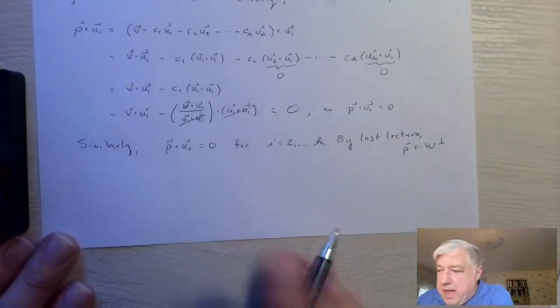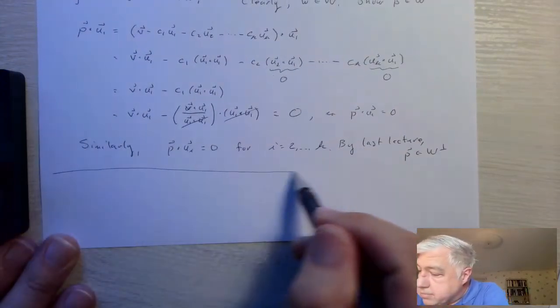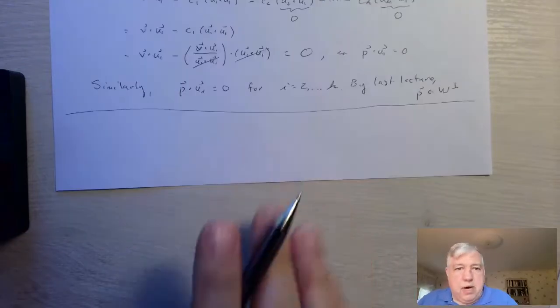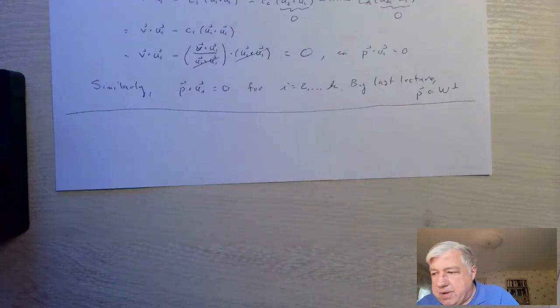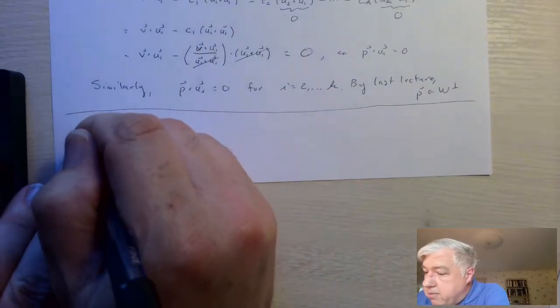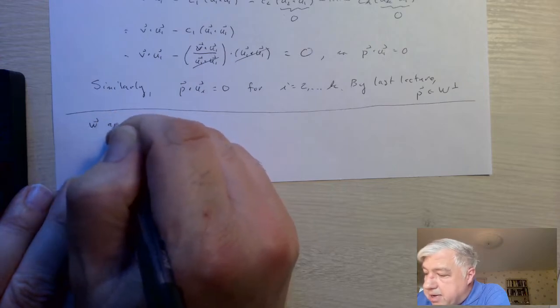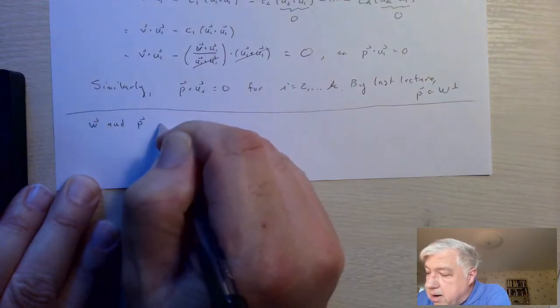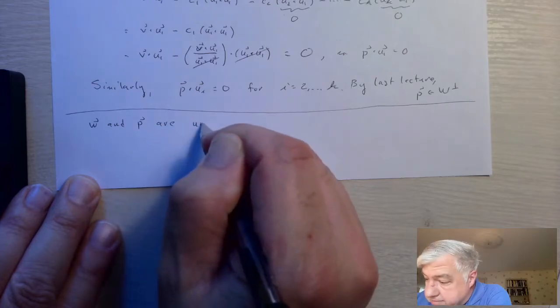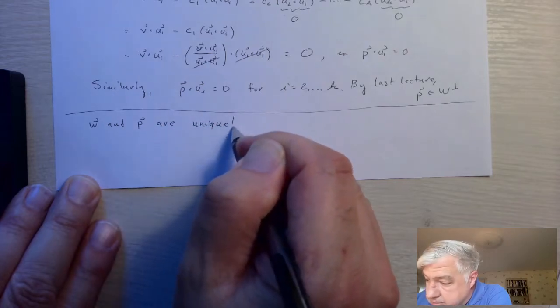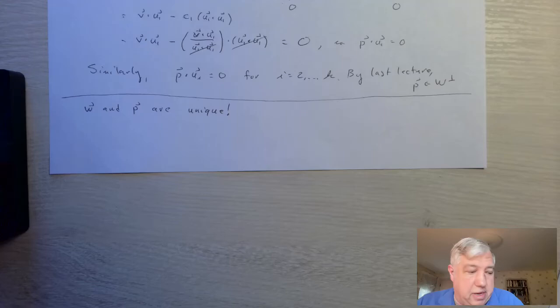Now, not only that, but we get something even better. It turns out that W and P are unique. They're uniquely determined. So why would that be?